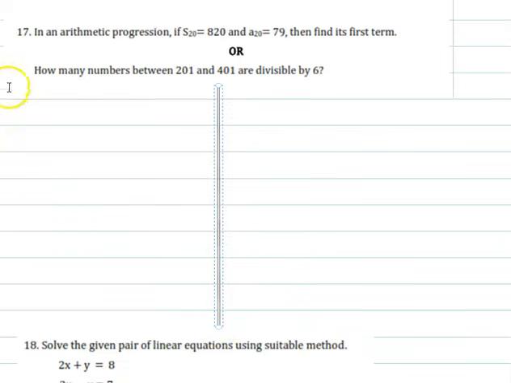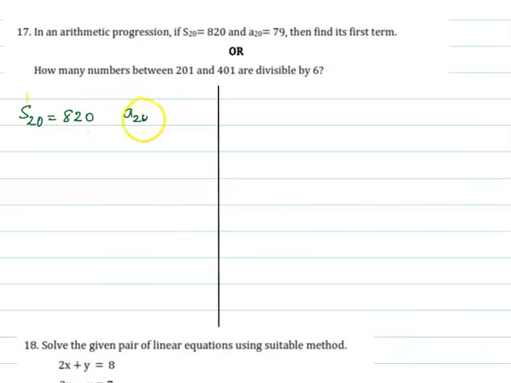So first one, in an arithmetic progression, S20 is equal to 820 and A20 is equal to 79. Here you can observe we need to find the sum of the 20 terms and the 20th term is given. So we can use the second relation, that is the A plus An formula. We all know Sn is equal to n divided by 2 into A plus An.